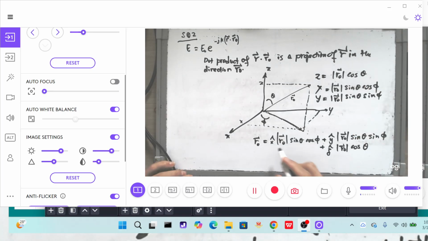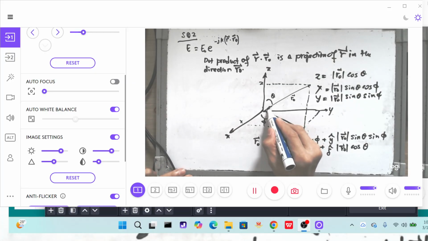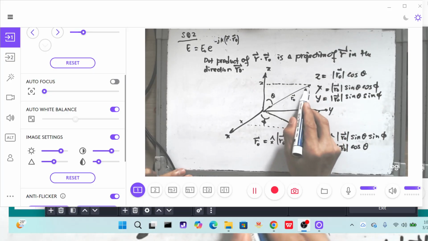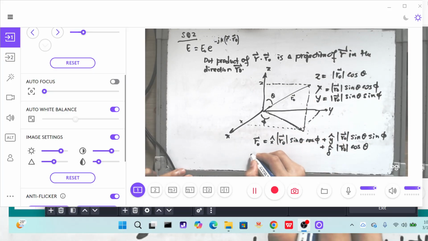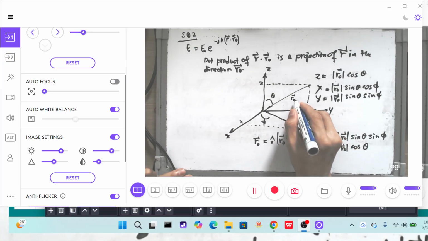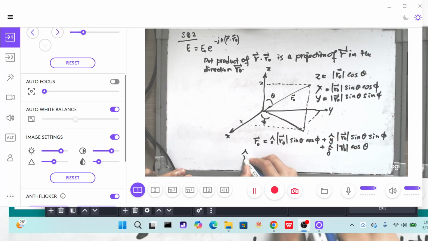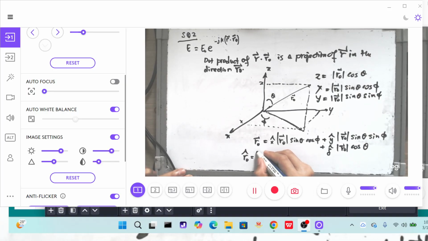So obviously, if you want to know the unit vector pointing in the direction of R naught, then we can say R naught hat is equal to R naught divided by its own magnitude.